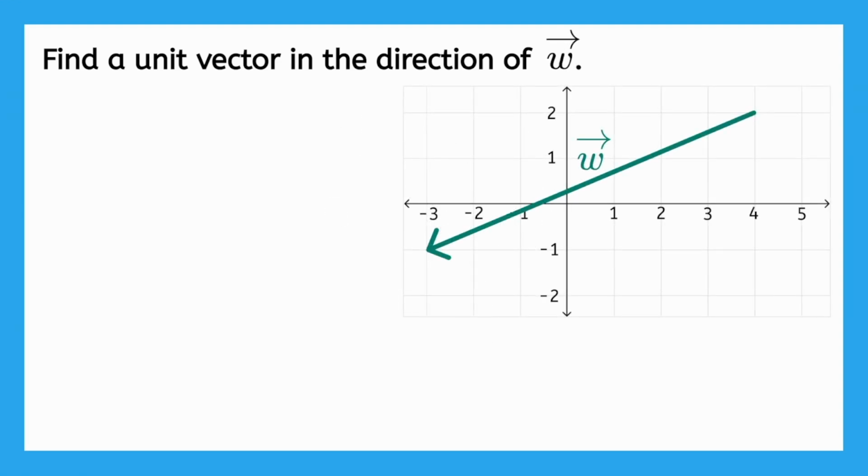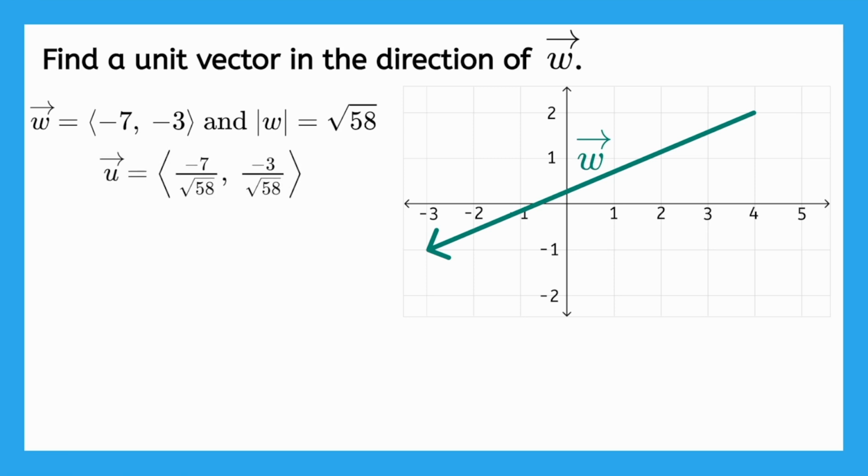Now you try it. Find a unit vector in the direction of w and write your answer in ai plus bj form. If you end up with any radicals, it's okay to leave them in the denominator and not rationalize the denominators. How did you do? w's component form is -7, -3, and it has a magnitude of √58.